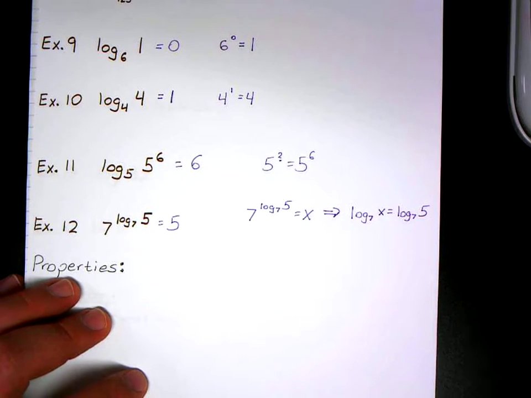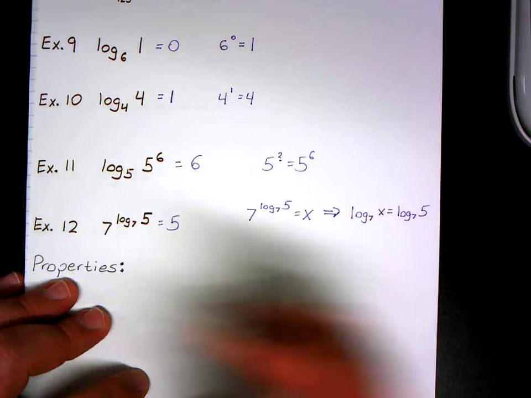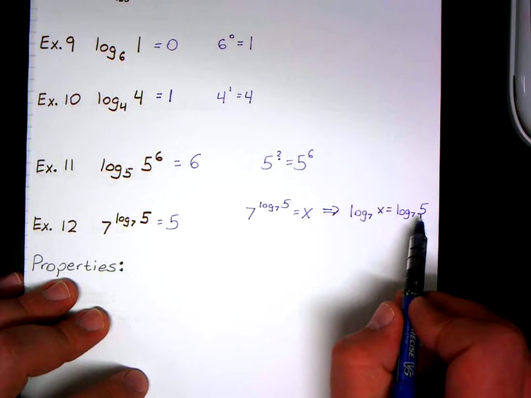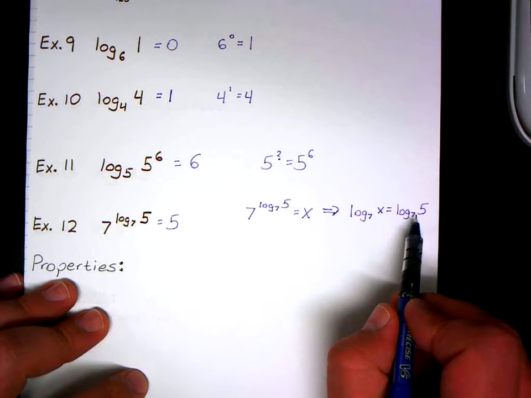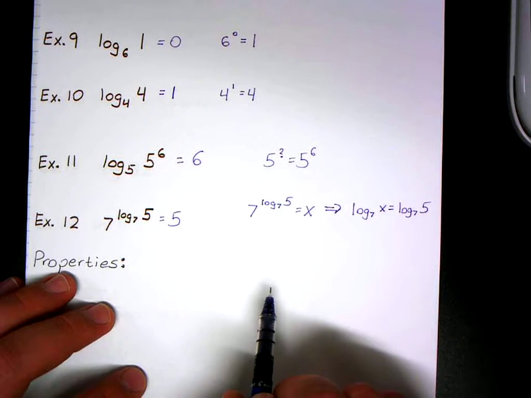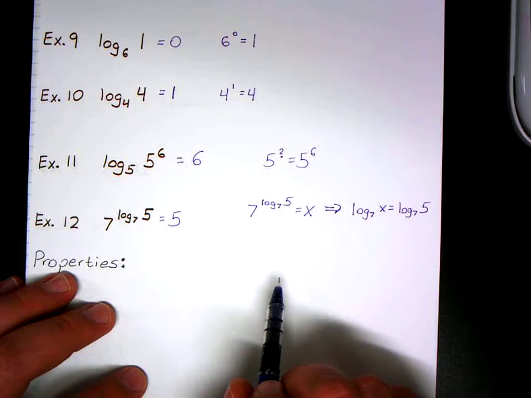Now I was looking for x, right? So what's x? x has to be 5 because I have log base 7 of what equals log base 7 of 5. Everything is the same, the same log, the same subscript. Its answer is the exponent.